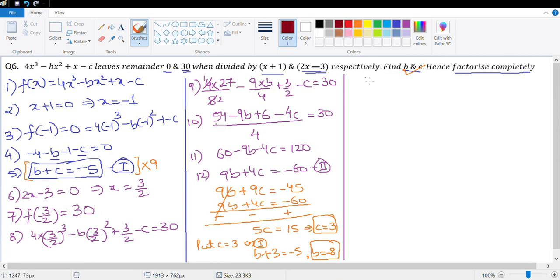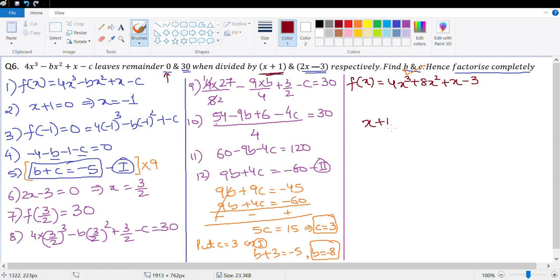Now we need to factorize the expression, which means our expression becomes f of x is equal to 4x cubed minus bx squared, b is minus 8, which means plus 8x squared, plus x, minus c, which is minus 3. So we already know that x plus 1 is a factor because it leaves a remainder of 0. So let's divide this given expression by x plus 1.